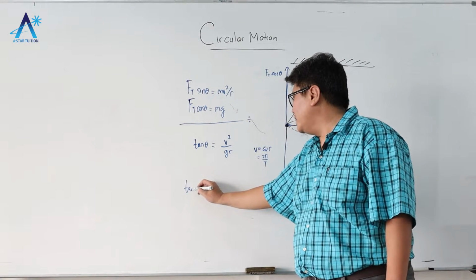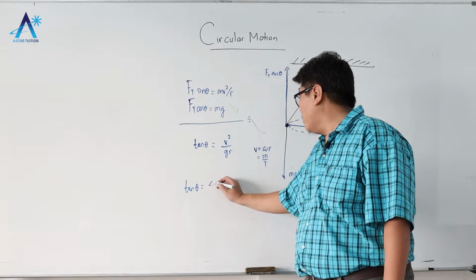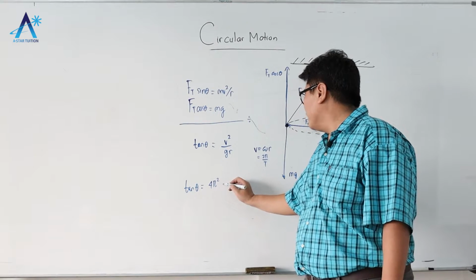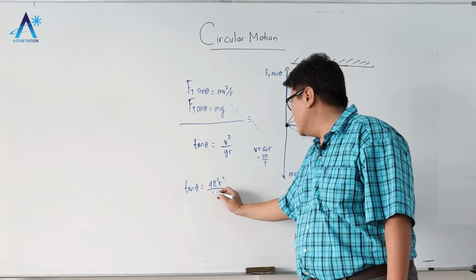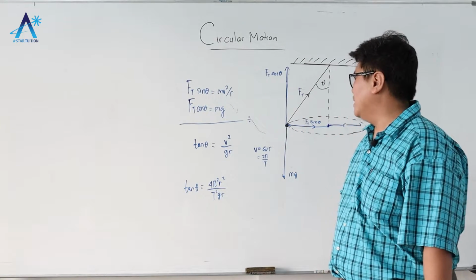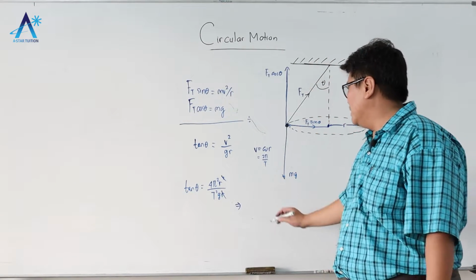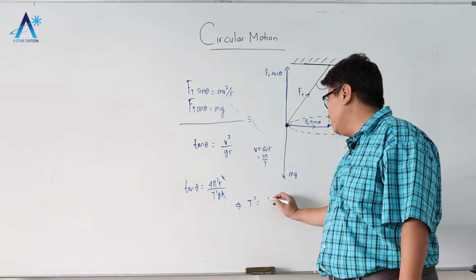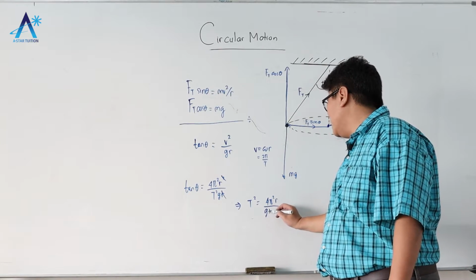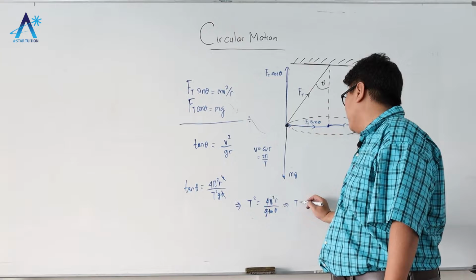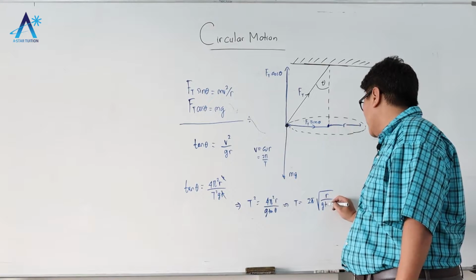So tangent theta equal to 4 pi square times r square over T square, then you have gr, and the r can cancel. From here you can say the period T square equal to 4 pi square r over g tangent theta, and then from here you can find the period to be 2 pi square root of r over g tangent theta.